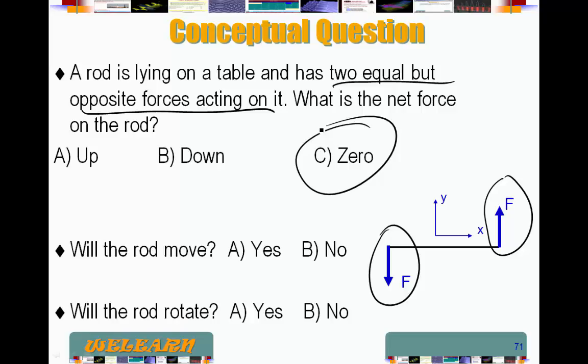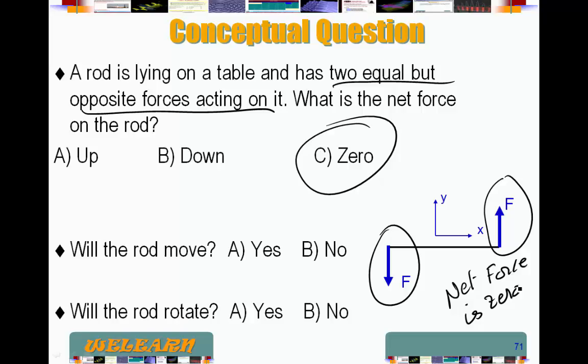Then the next thing is, will the rod move? Remember, net force is 0. The rod is originally at rest. Newton's first law says an object at rest will remain at rest.